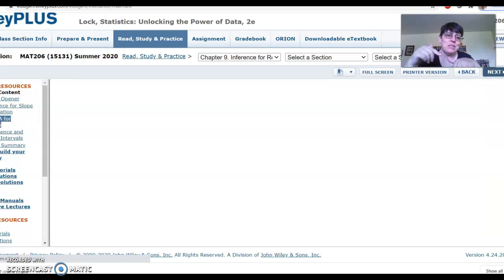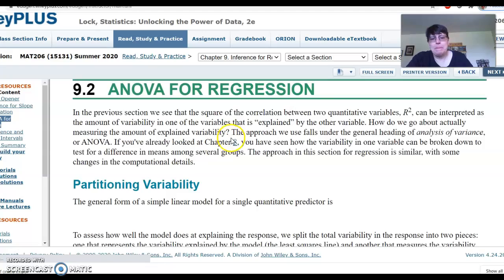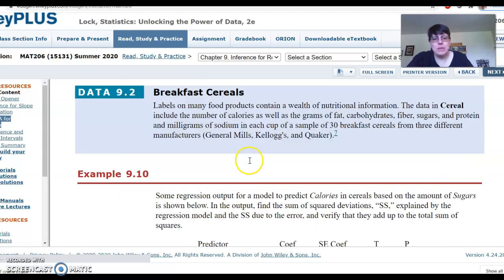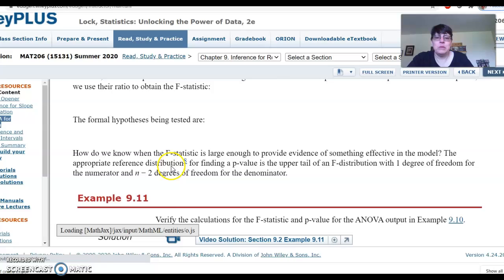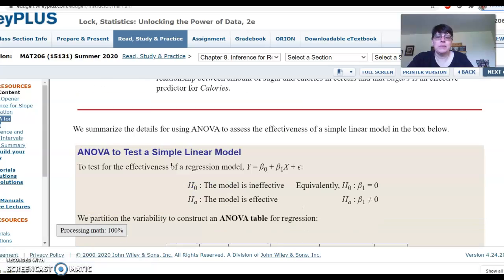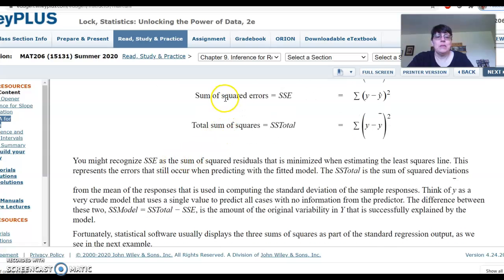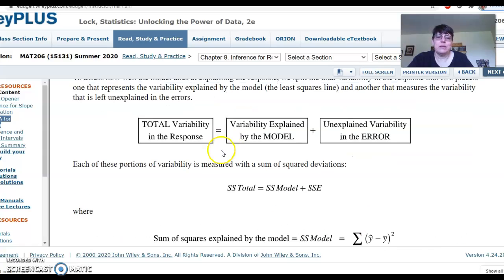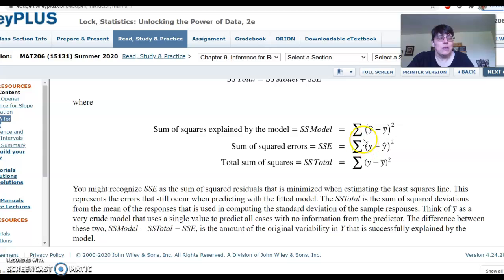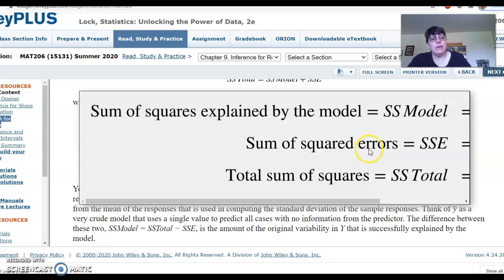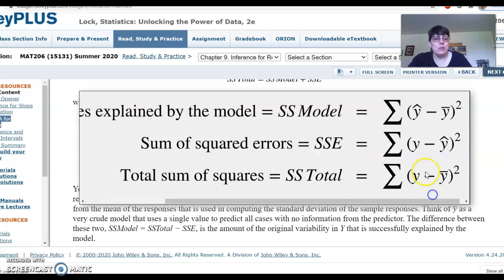Well, I go back to section 9.2, where they have a formula for sum of squares of error. Sum of squared errors, okay, that's what we're going to call it. We're going to add up actual y minus y-hat, the predicted, squared, and add them all up.